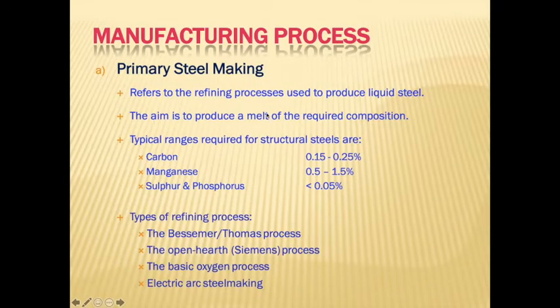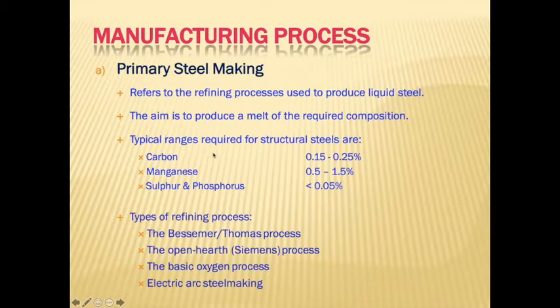So for the manufacturing process of steel, we will start with the primary steel making. It refers to the refining processes used to produce liquid steel, with the aim to produce a melt of the required composition.